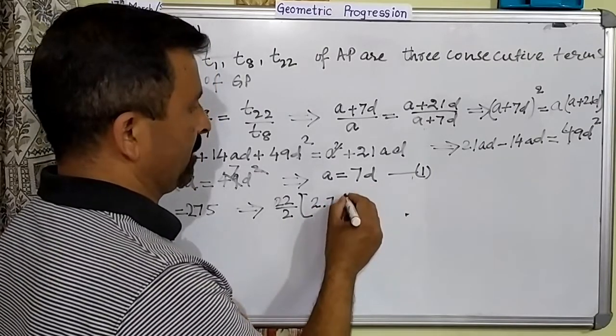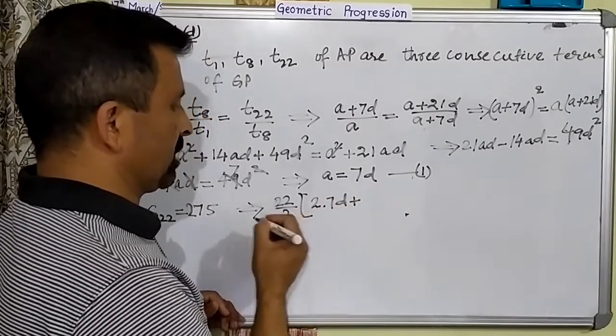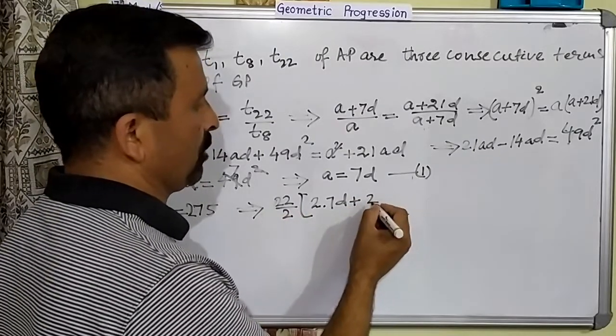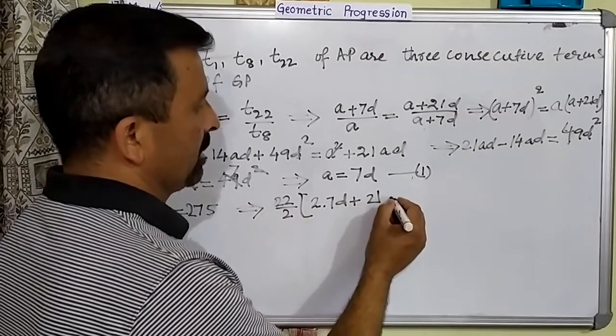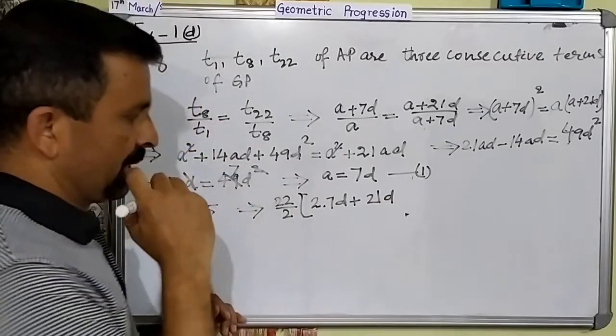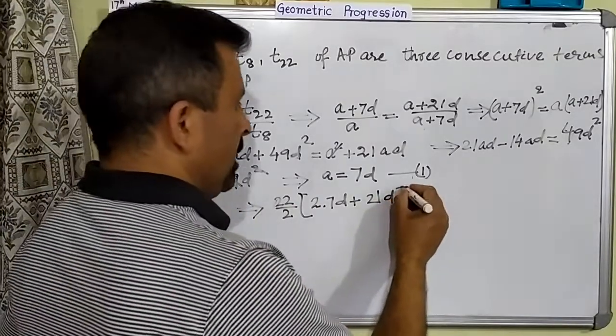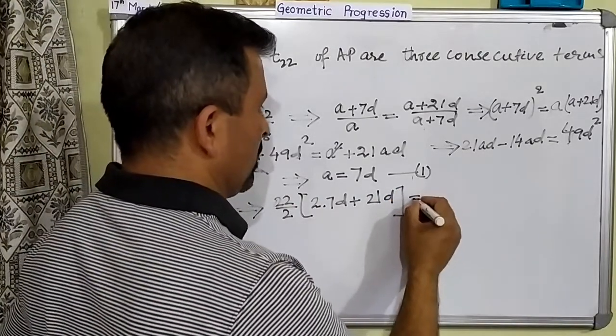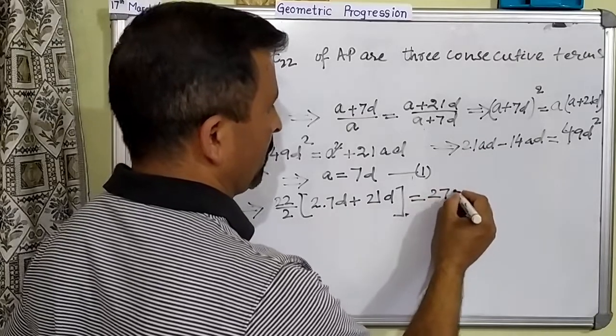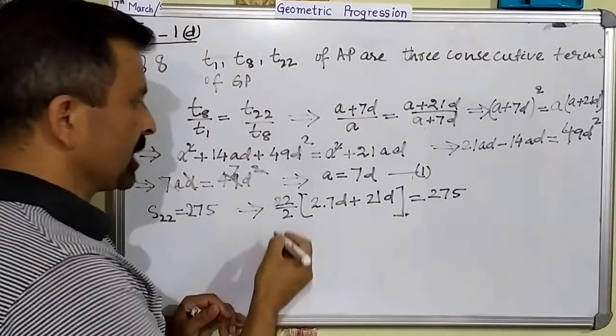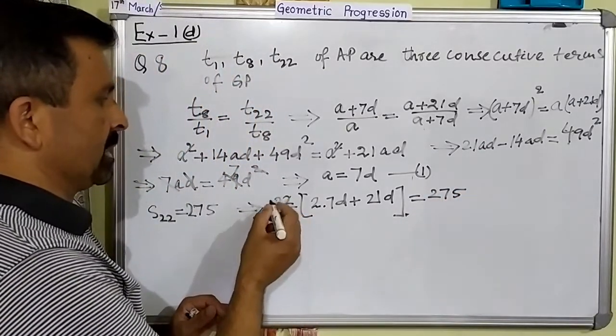So write 14D plus (N minus 1), N here is 22, so 22 minus 1 is 21, into D. Hope it is clear. And this sum is given as equal to 275. Alright. Now this will be simplified.